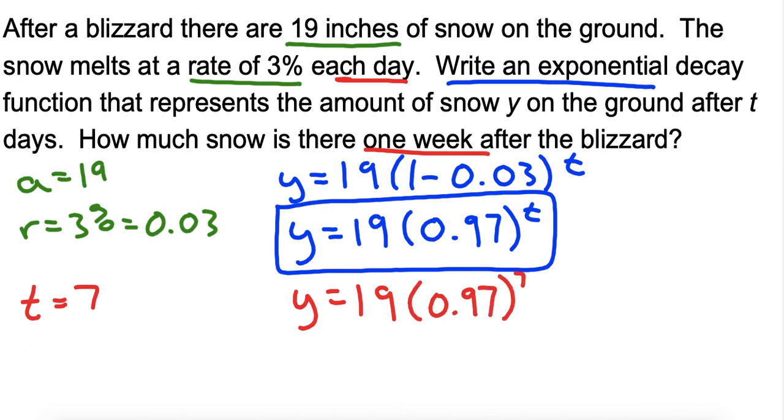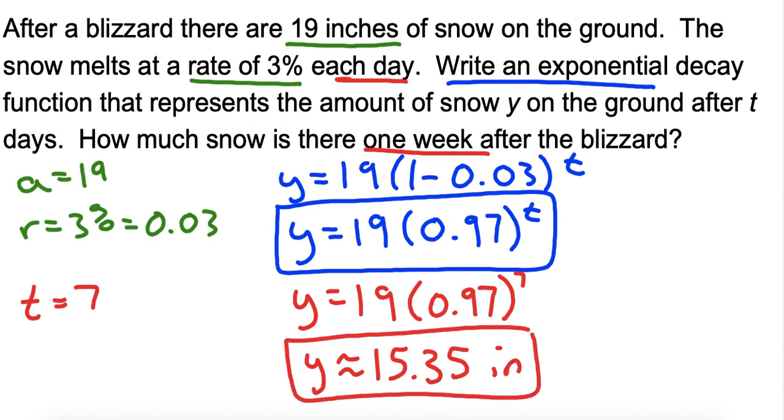Do the exponent part first, and then multiply it by 19, and we get about 15.35 inches. And when you're doing these story problems, if something is growing, getting bigger, increasing, you should end up with something bigger than A. When it's decreasing, or in this case, melting, going away, you should end up with something smaller than what you started with. 15.35 is less than 19, so we're good.